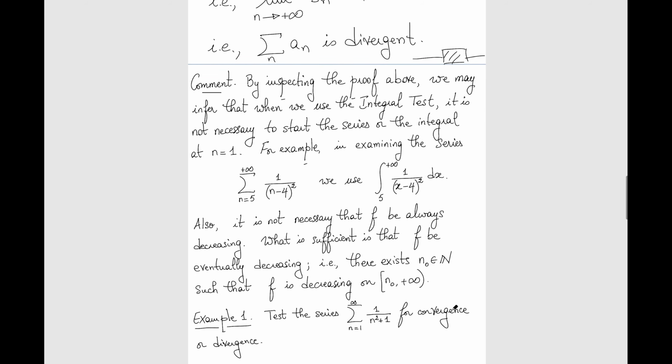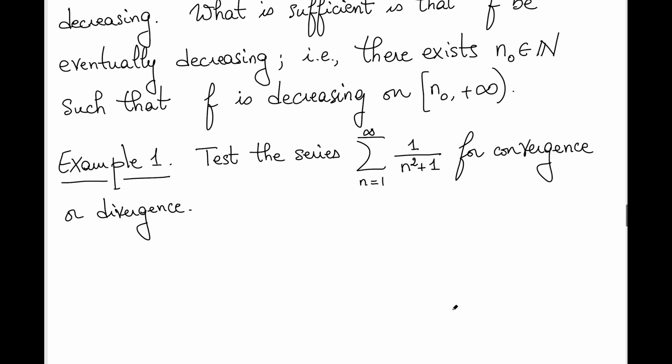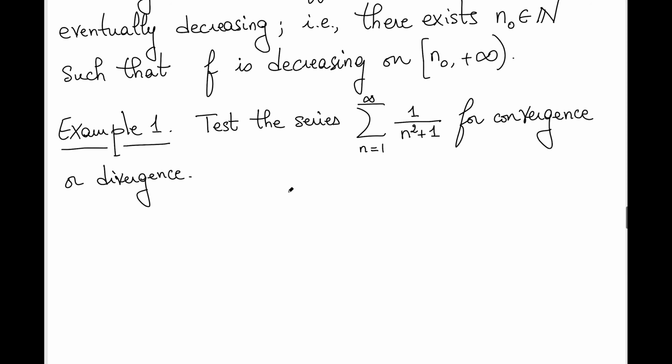Let's do an example. Let me just zoom in here. So the question is, test whether the series whose terms are 1 over n squared plus 1, and n starts at 1, is convergent or divergent. Okay? So test if the series is convergent or divergent.